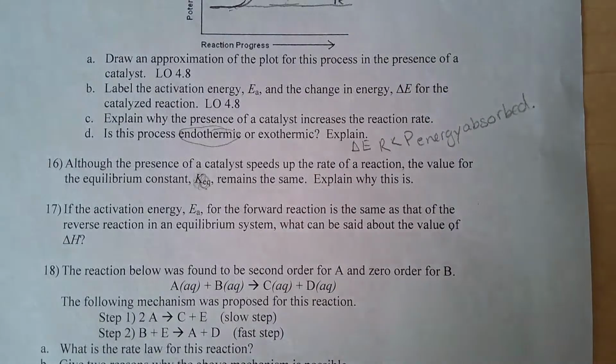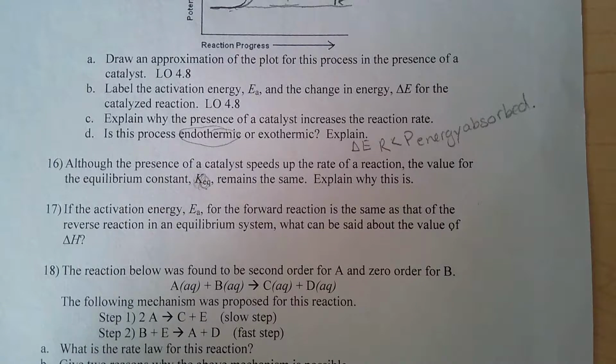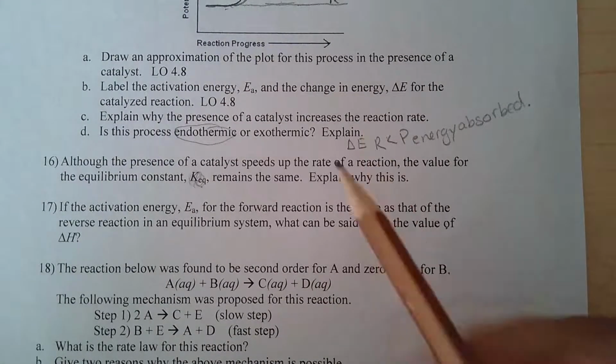Question 17: if the activation energy of the forward reaction is the same as that of the reverse reaction in an equilibrium system, what can be said about the value of delta H? Your activation energy for the forward reaction is the same as that of the reverse reaction. What do we know about delta H? If your activation energy for the forward and the reverse are the same in an equilibrium system, your delta E is going to be 0.